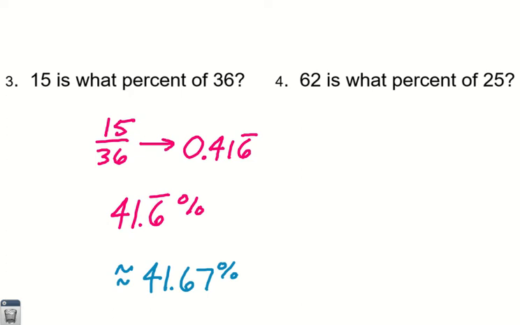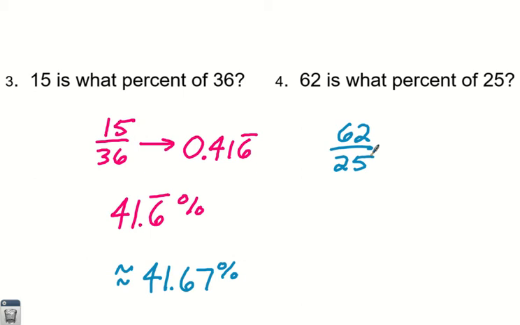Example number 4. Hey, this is the weird thing I was talking about that you're rarely going to see, I guess, but 62 out of 25. Imagine that on a test. Wow, getting a 62 out of 25 on a test, that's even better than 100%, right? Holy moly, that's way better than 100%. So here we go on my calculator.